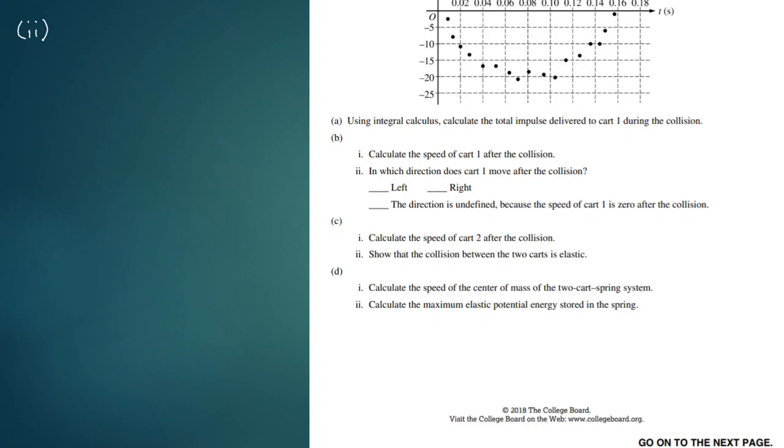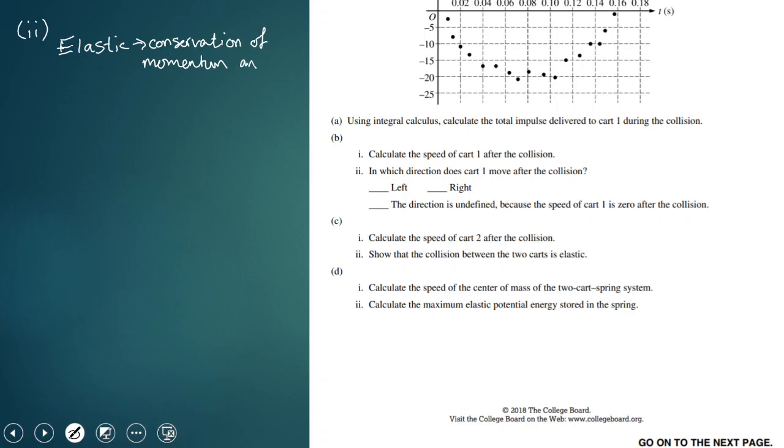Okay, well, we know that momentum is always conserved, but to show that it is an elastic collision, this is a little tangent, we need to have conservation of momentum and kinetic energy.